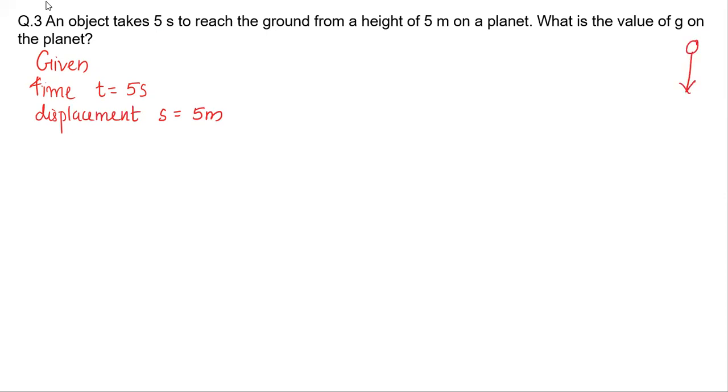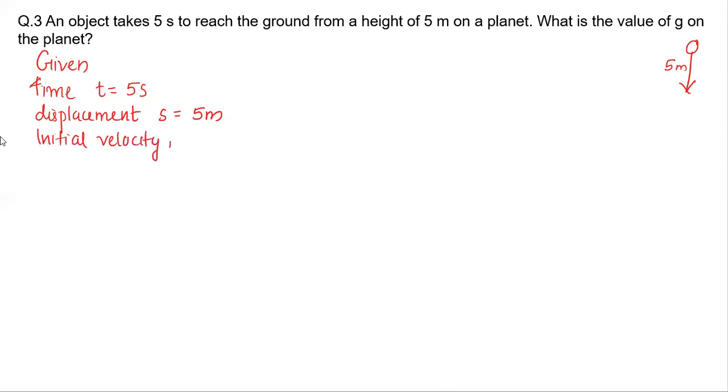Displacement is equal to height, that is equal to 5 meters, and time taken is also given. So the object is falling from a certain height. So in the formulas we discussed, if the object is falling down, then its initial velocity will be 0. So we can write here initial velocity.